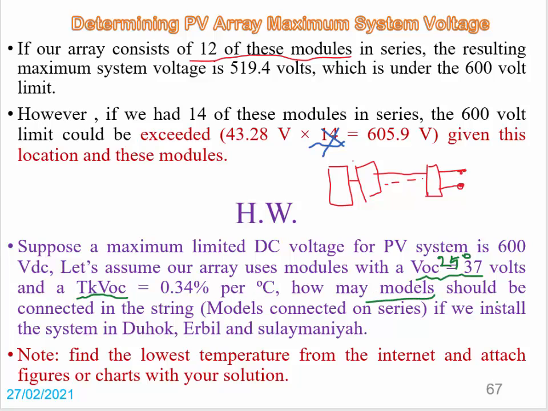How many modules should be connected in the string if we install the system in Duhok, Erbil, and Suleymania? You should find the lowest temperature from the internet, and attach figures or charts with your solution.